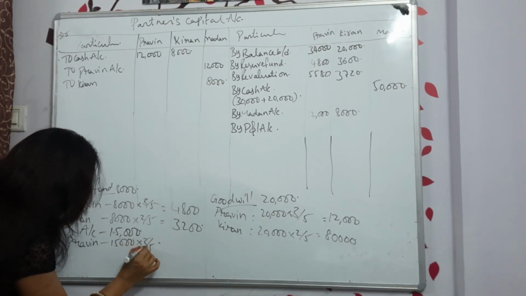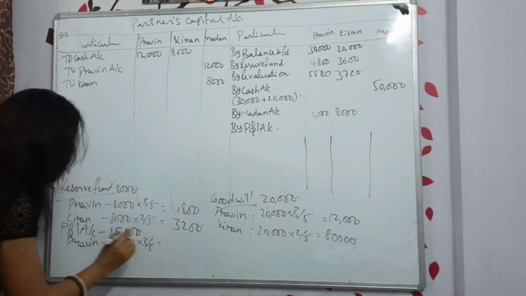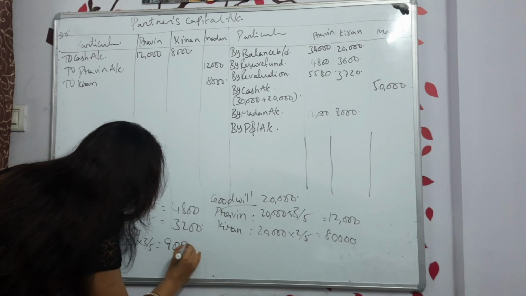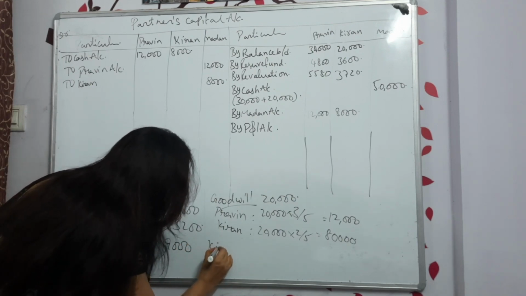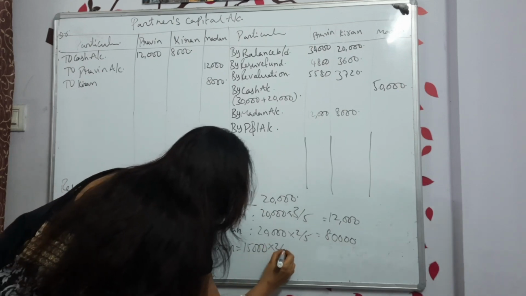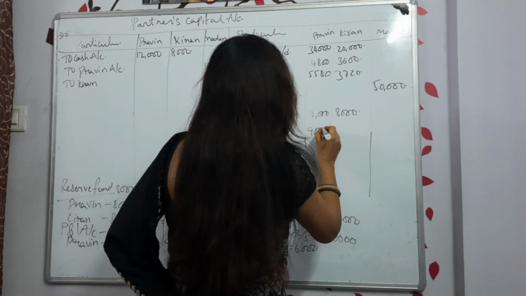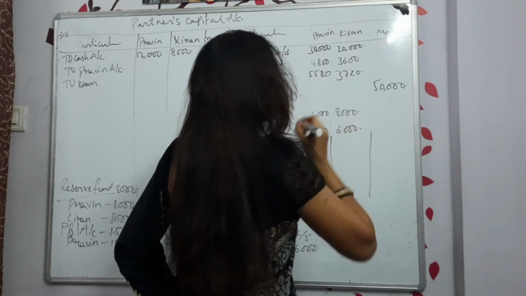How much will you get? I think 9,000. Next, Kiran, 15,000 into 2 by 5. You will get 6,000. So 9,000 and 6,000. That's it.